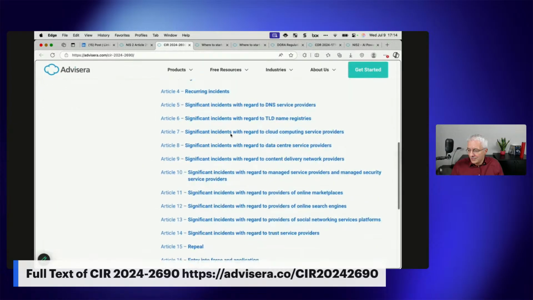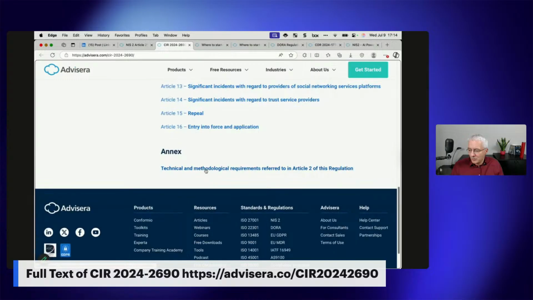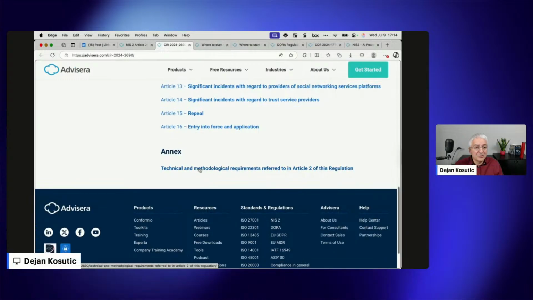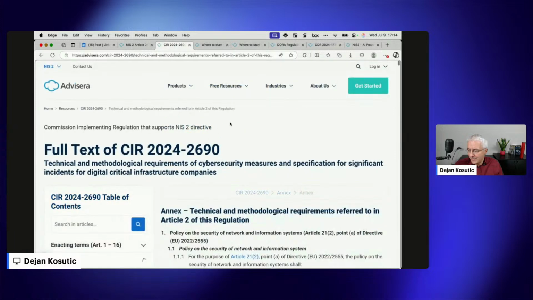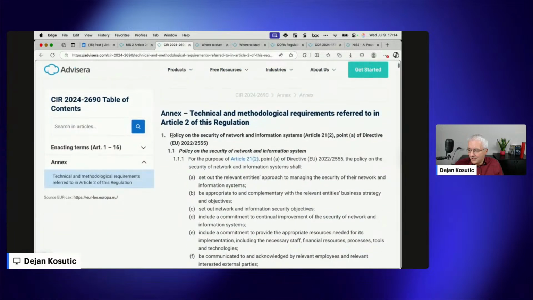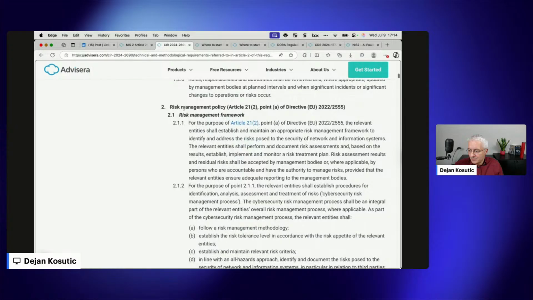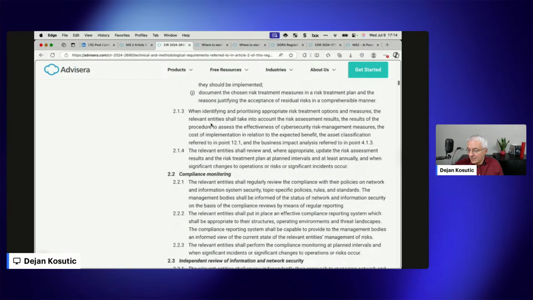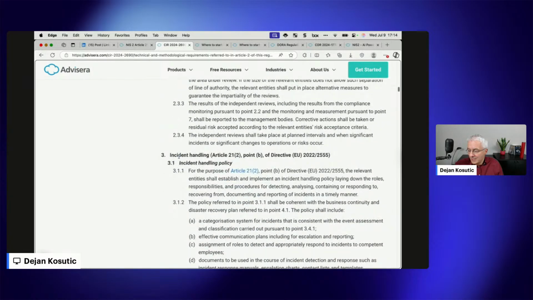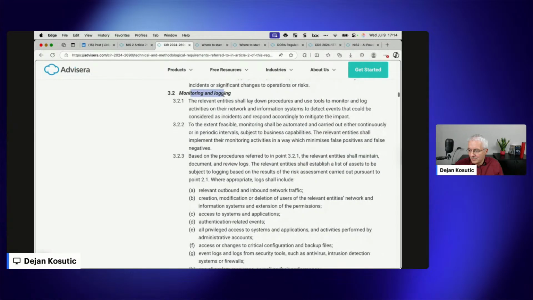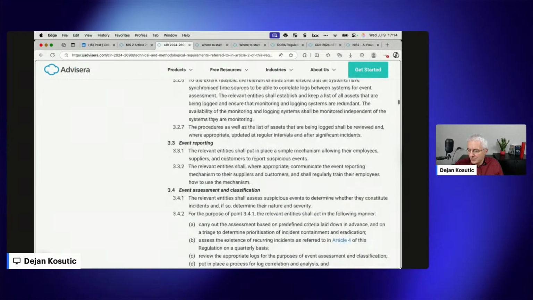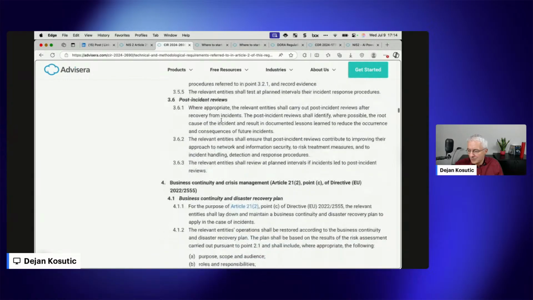You will see that there are several articles here, but the most important is the annex, which defines technical and methodological requirements. Here you will see several requirements for the top-level policy, roles, responsibilities, authorities, risk management, then incident handling, what you have to write in the incident handling policy, monitoring, and so on. Let me scroll further and find the section about business continuity.